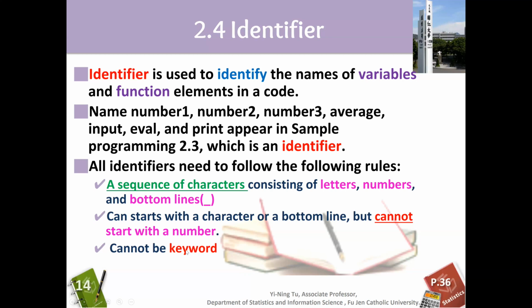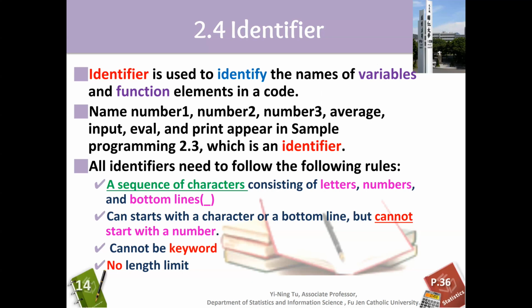What does keyword mean? Keywords are words like input, eval, and print. Those are keywords, because when we type them, they turn purple. The purple color means Python already uses these keywords, so you cannot use those words as identifiers. They are predefined. You cannot change the meaning. And there is no length limit.